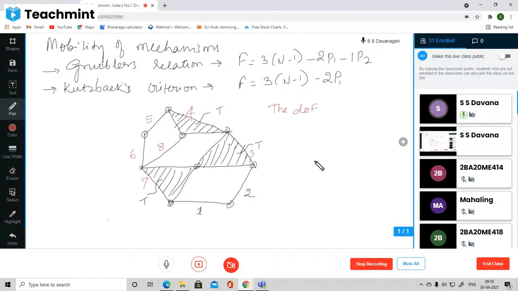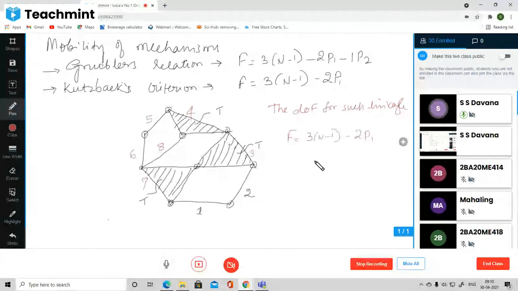So the DOF for such a linkage, based on the Kutzbach relations, is 3(n minus 1) minus 2p1.